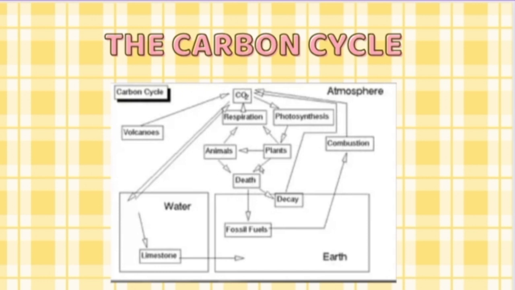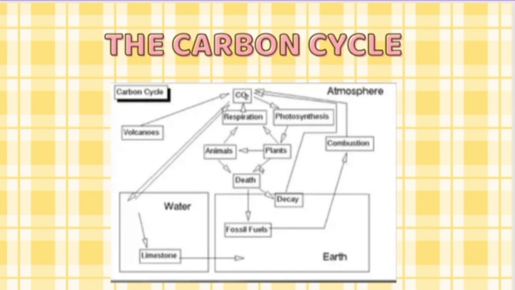Humans have a great impact on the carbon cycle because when we burn fossil fuel, we release excess carbon dioxide into the atmosphere. This means that more carbon dioxide goes into the ocean and more is present in the atmosphere.